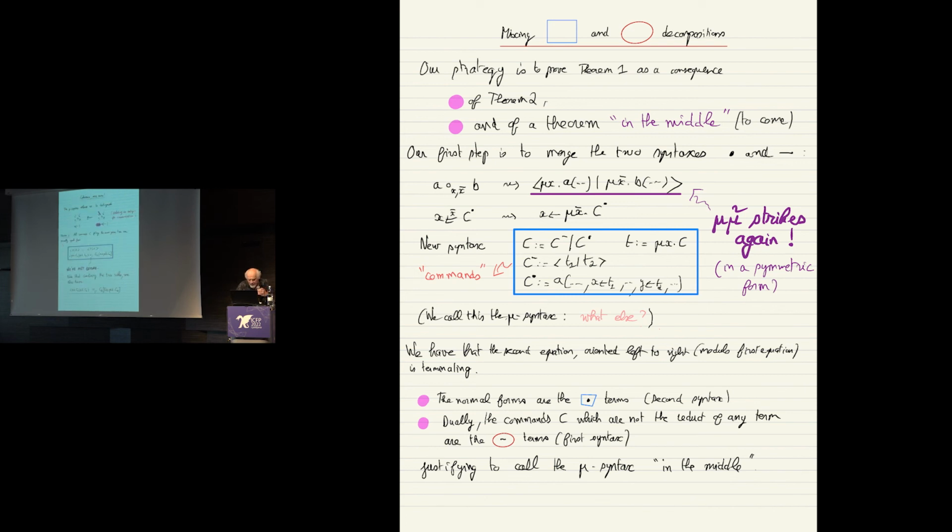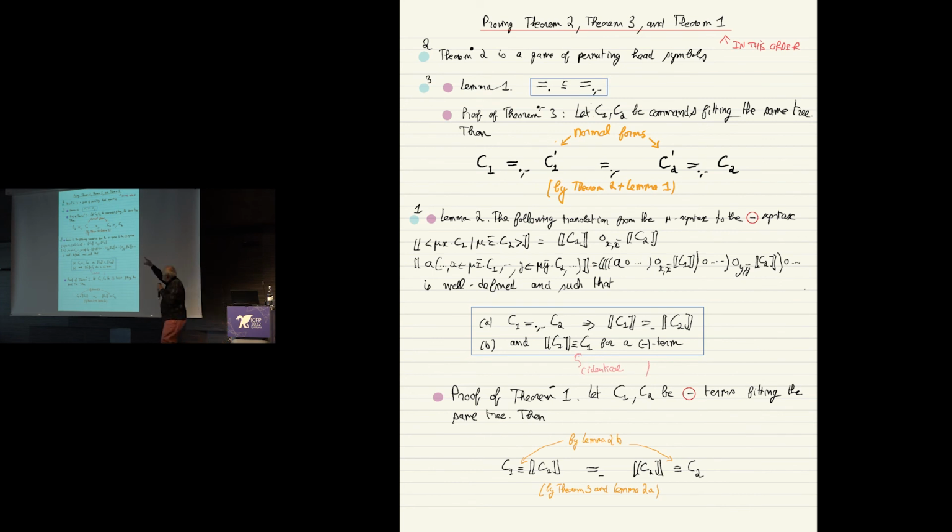Okay, so now back to the main plan of the proof. First you prove theorem 2, sorry. Then you prove theorem 3, thanks to a lemma. At this stage I cannot go into the details.